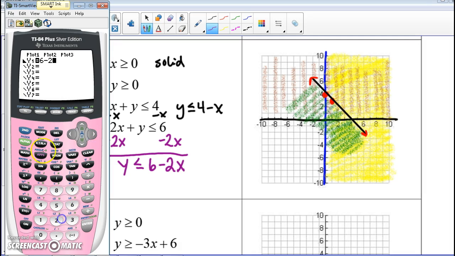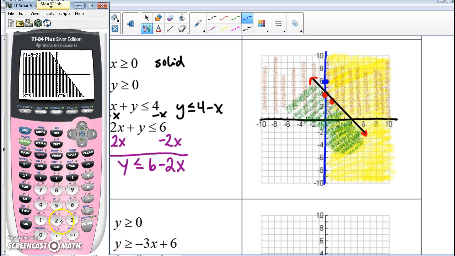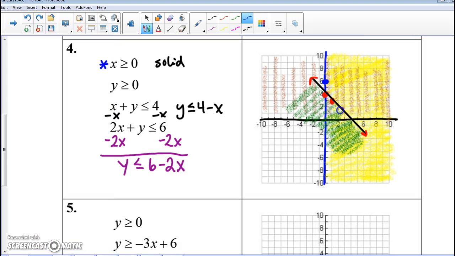Six minus 2x, graph. Let's see, we'll hit trace. 0, 6. And then we'll need one other point. How about 2? It is 2 at 2. And connect those.